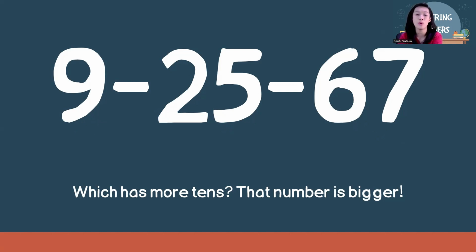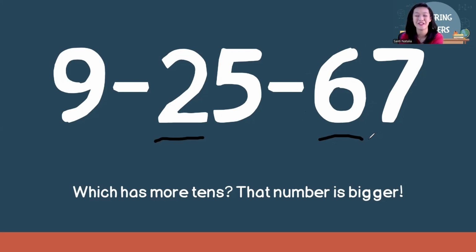Which has more tens? 9 doesn't have tens. 25 has 2 tens. 67 has 6 tens. Since 6 is bigger than 2, so 67 is the biggest.